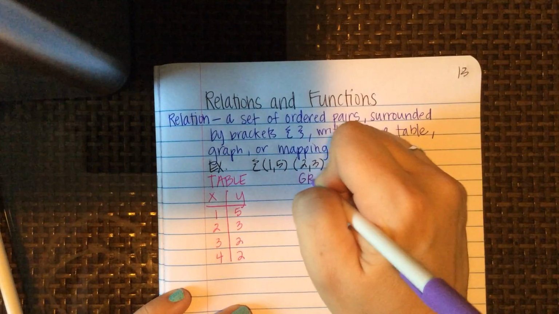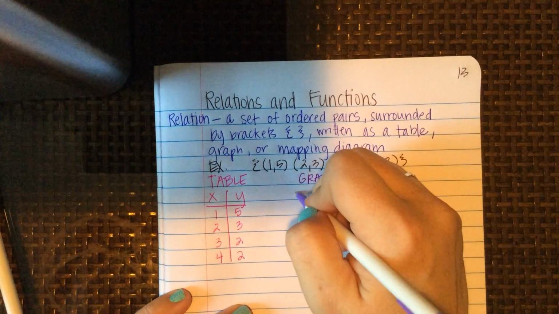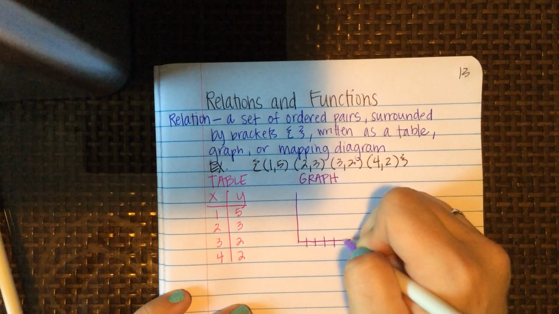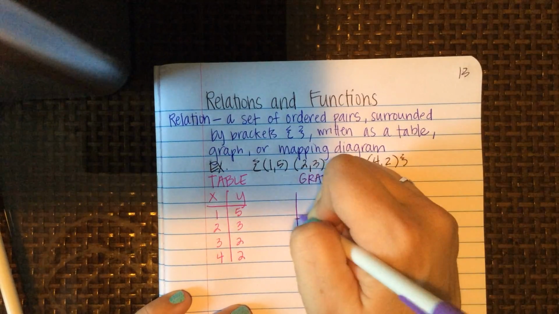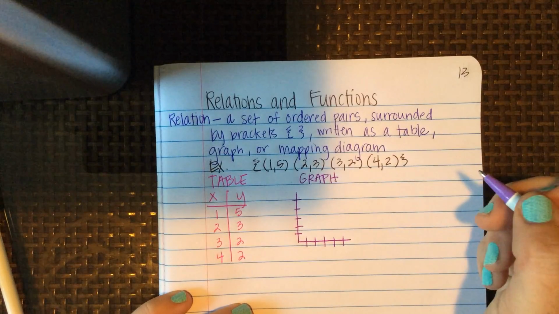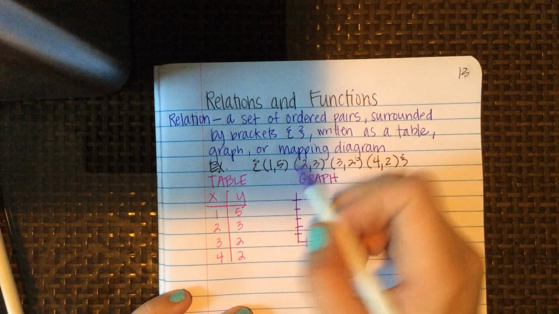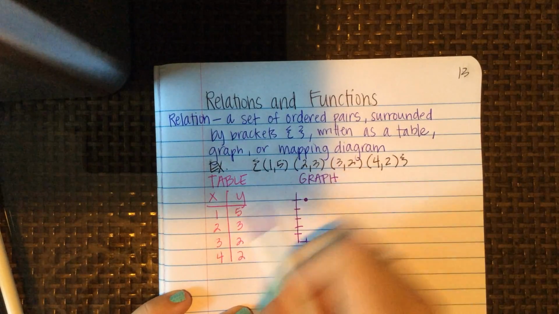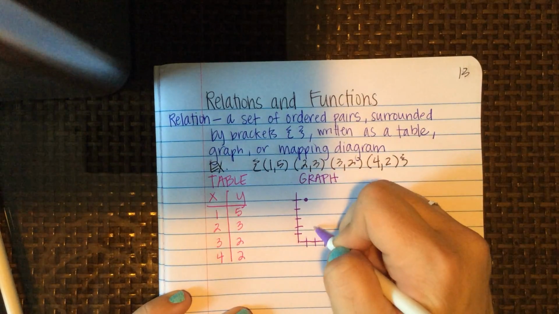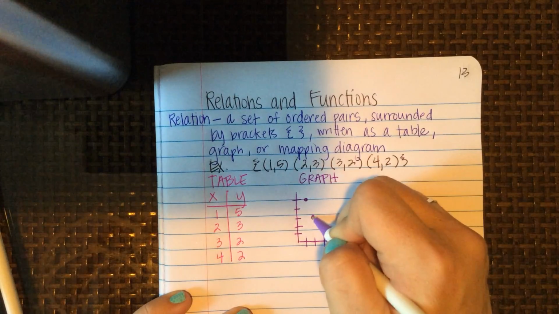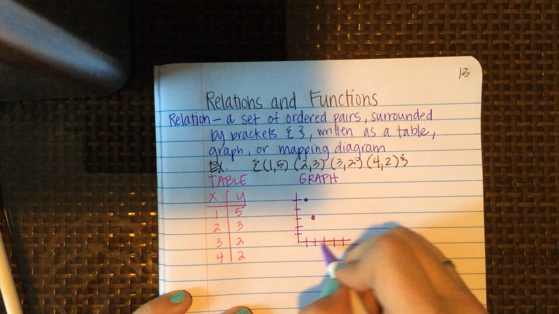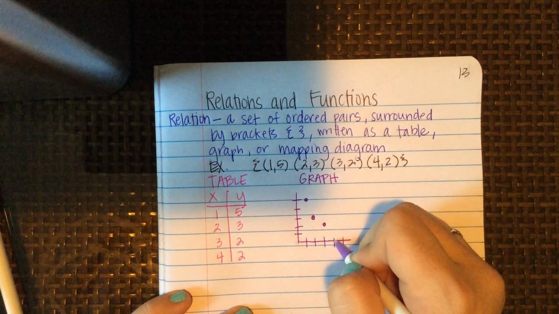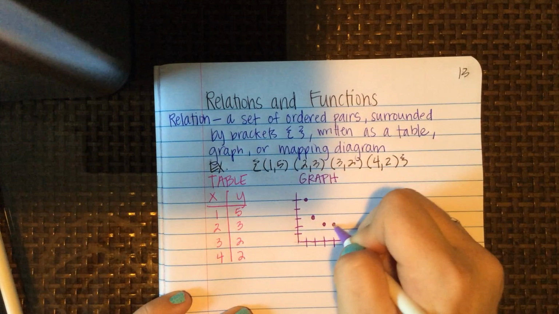A graph of this relation: (1, 5), over 1 up 5; (2, 3), over 2 up 3; (3, 2), over 3 up 2; and (4, 2), over 4 and up 2.